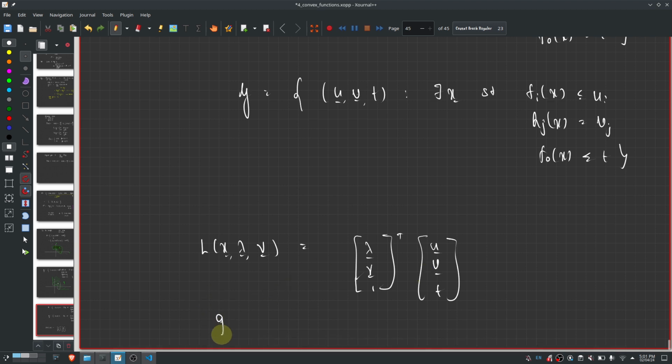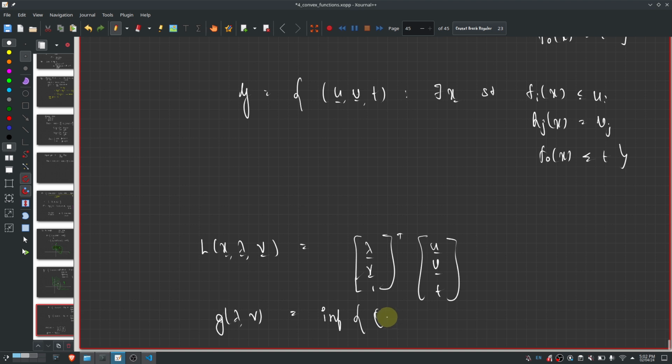So g of lambda, nu is equal to the infimum of all of these inner products for a given lambda and nu.